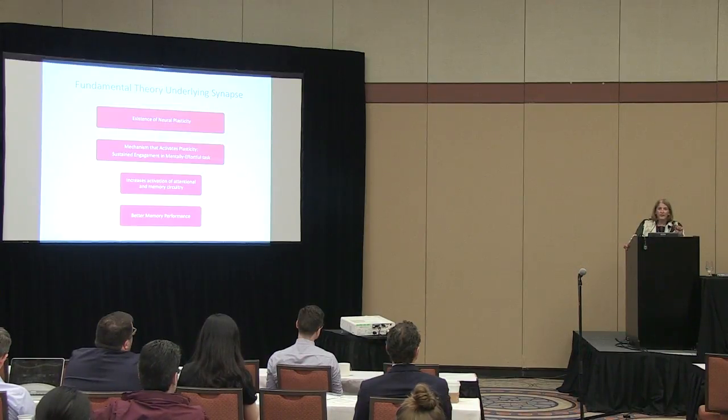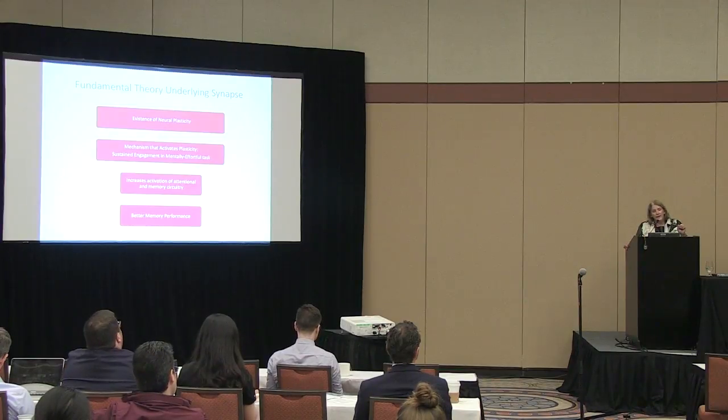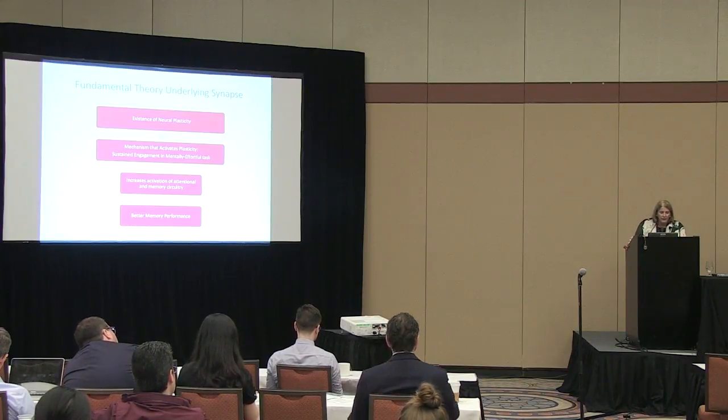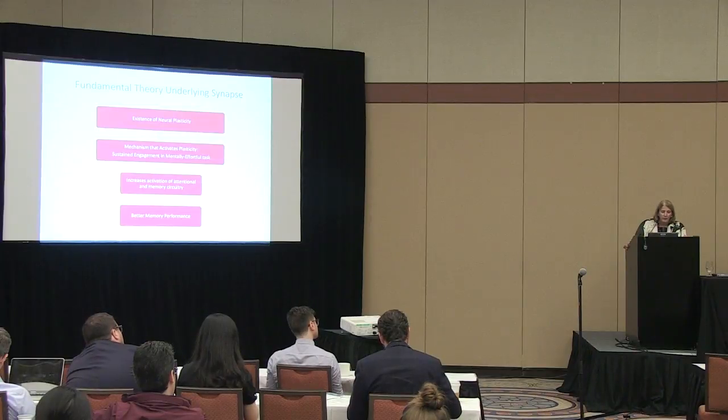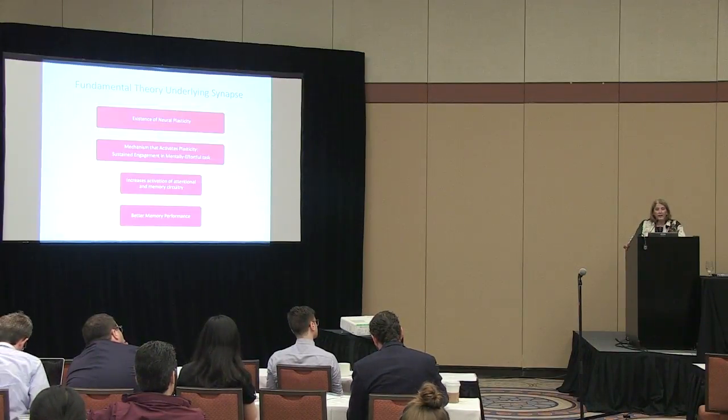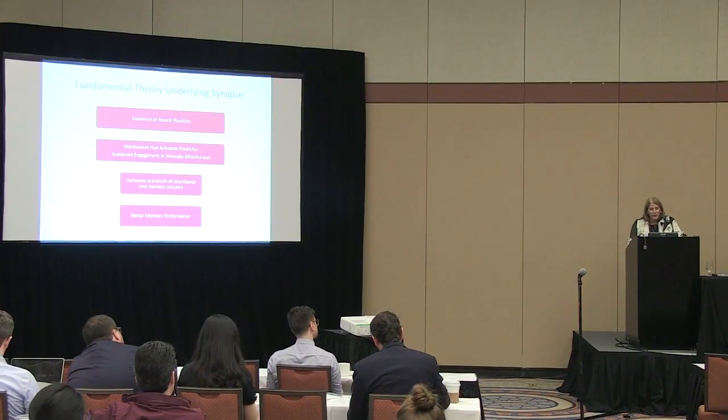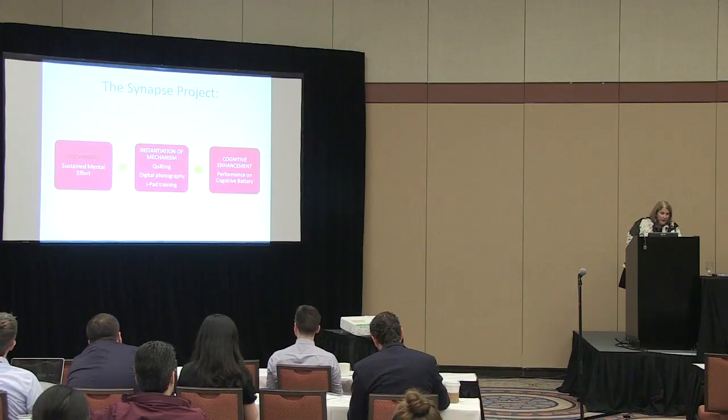You have to engage in consistently demanding cognitive tasks. And through that engagement, you'll increase activation of attentional and memory neural circuitry, and it'll result in better memory performance. So that's sort of a model of how an intervention might work in this particular case.